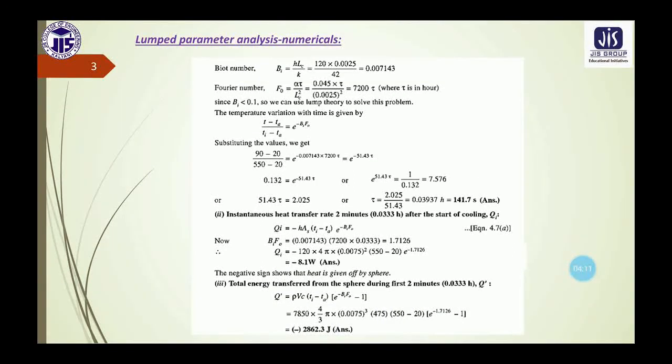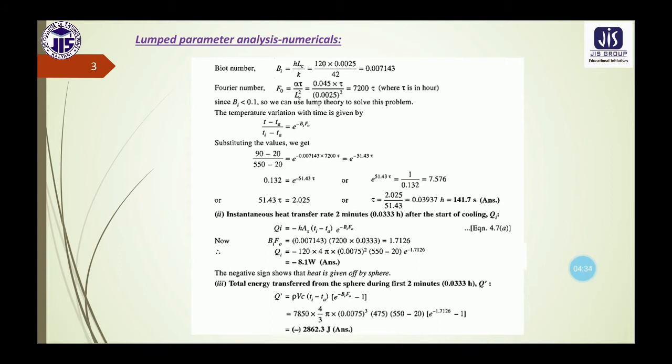Now we need to find the value of the Biot number. The Biot number can be calculated using the formula hL by k. The value of h is given in the question, the value of Lc, the characteristic length, we have just calculated, and the value of thermal conductivity k is also given in the question.